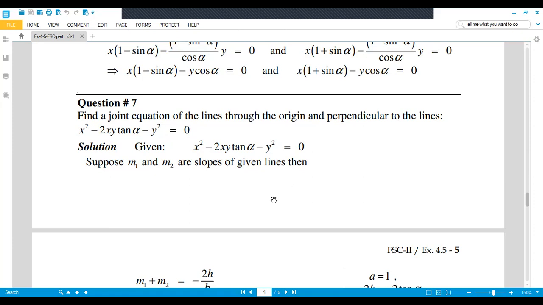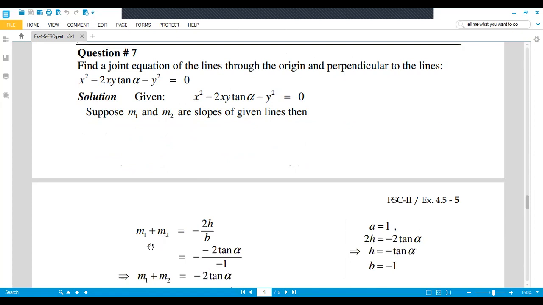So you know that, suppose these are the slopes of the given lines. The sum m1 plus m2, I already discussed in the proof, is equal to minus 2h over b.